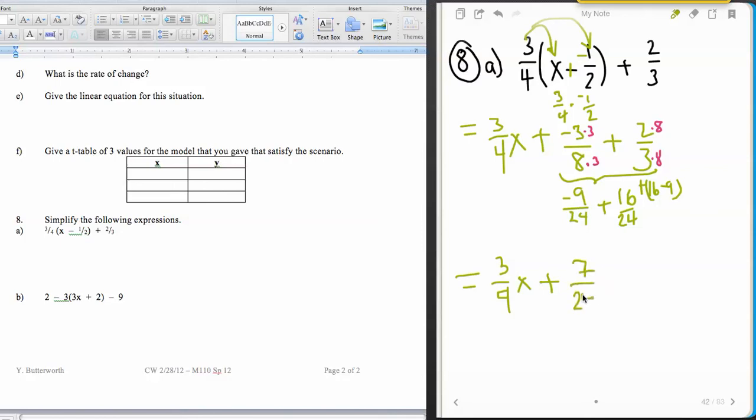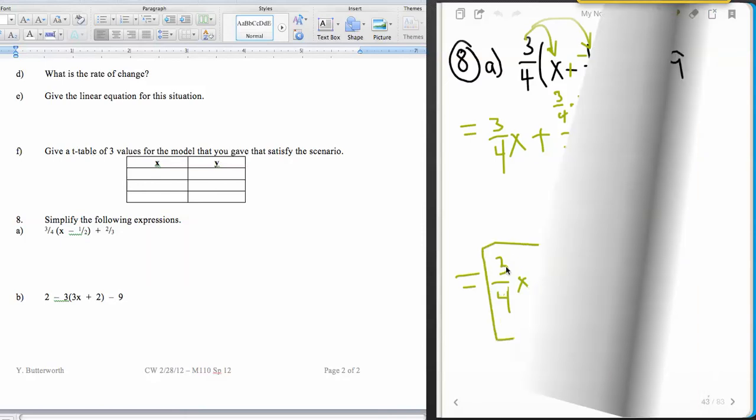And of course you do need to check and make sure that 7/24 doesn't reduce, and of course 7/24 doesn't reduce, so what we have here is our final answer, which is 3/4 x plus 7/24. So that's our answer to part 1.